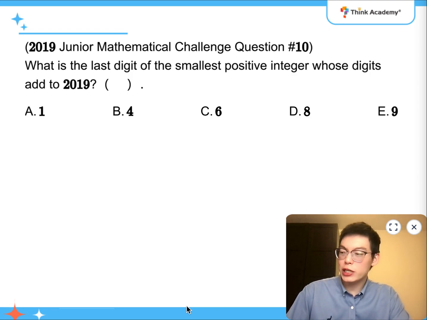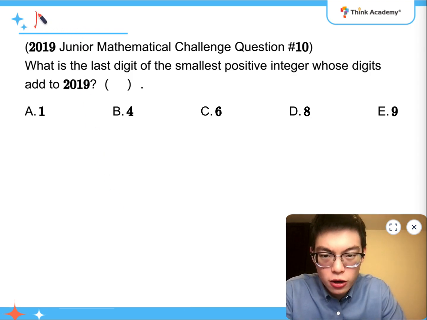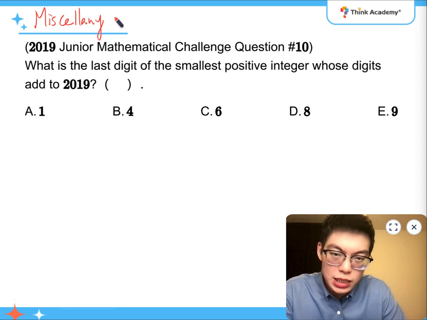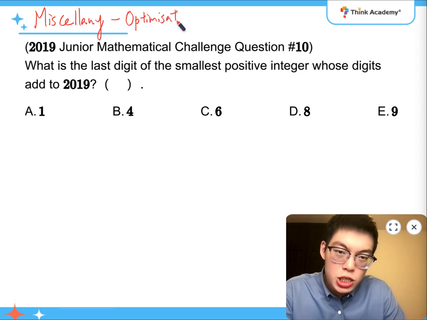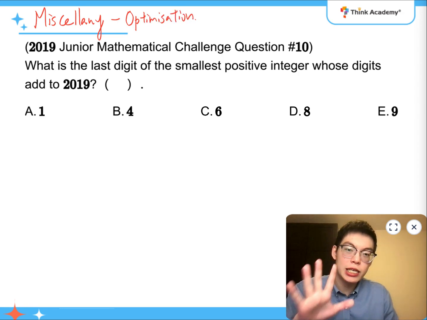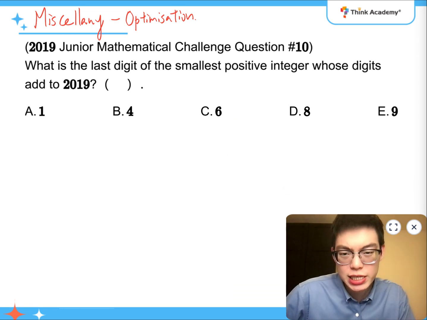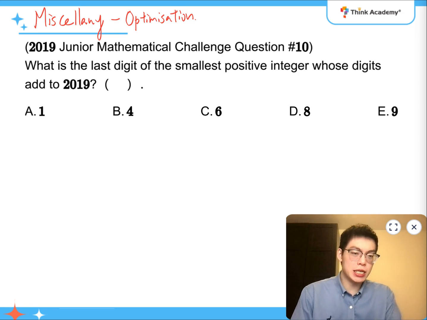And then for question 10, it is a miscellany question on optimization, but then you need to understand what the question is asking you first. So it is asking you the last digit of the smallest positive integer whose digits add to 2019.